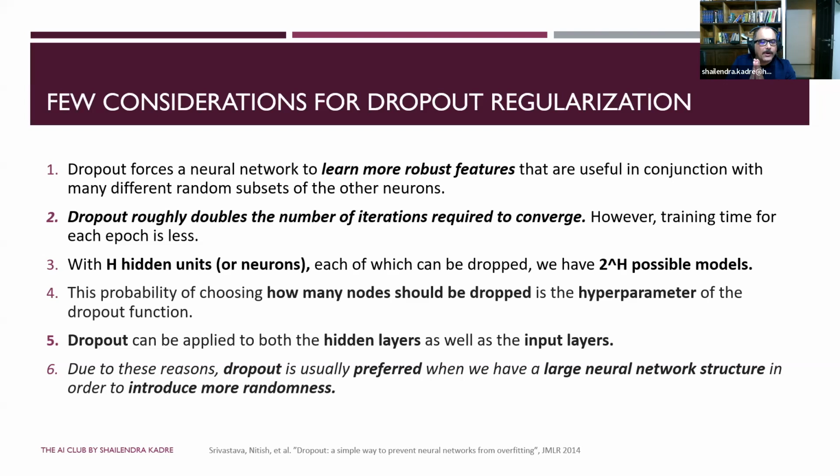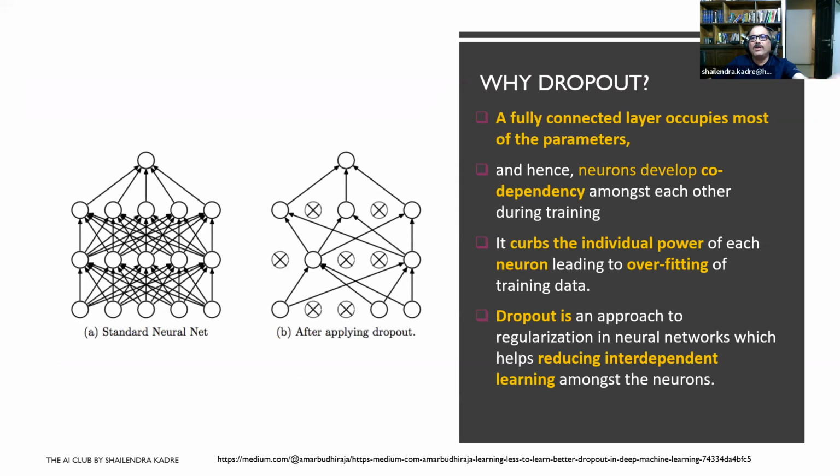Then point number 6. Due to these reasons, dropout is generally preferred when we have a large neural network structure in order to introduce randomness. If it is a small network of say 5-6 neurons, what kind of randomness will you introduce in that?